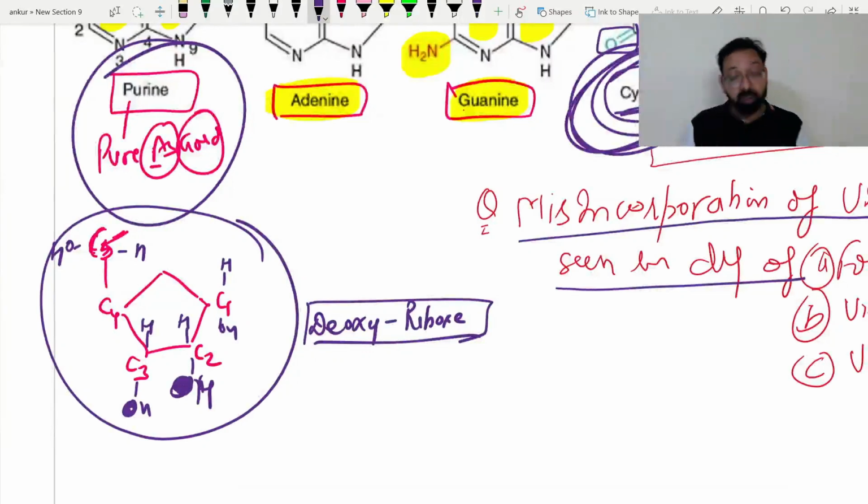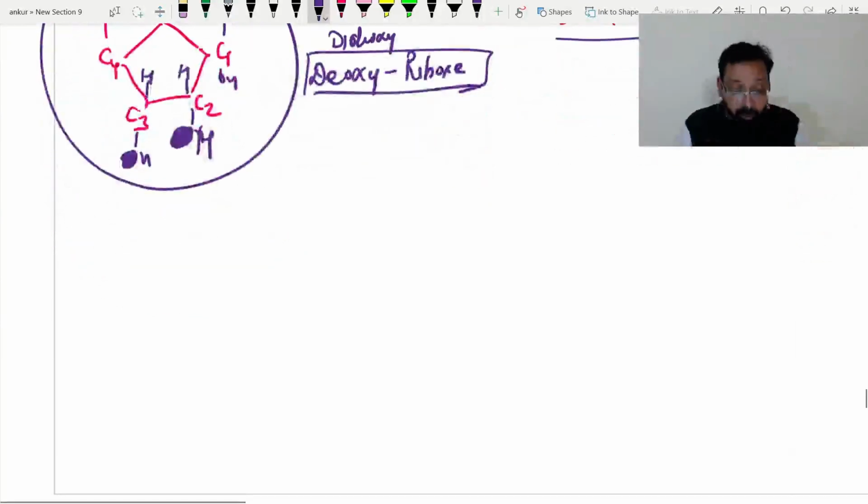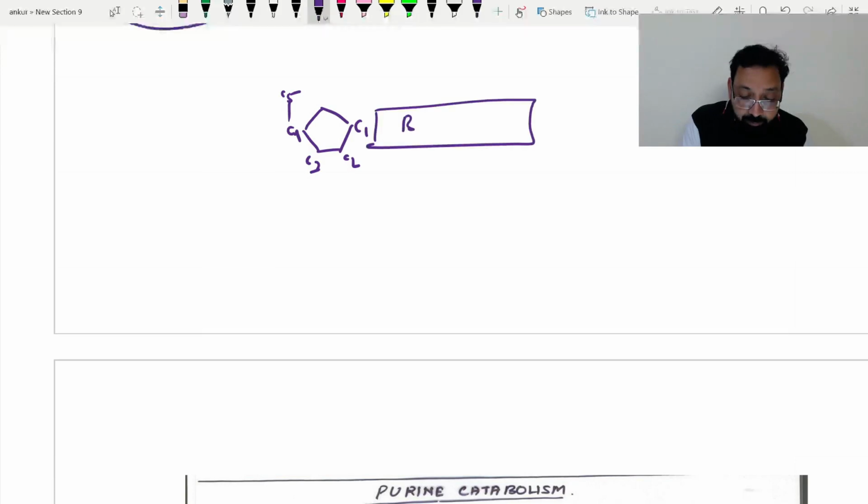So this is deoxyribose: oxygen removed from C2. If I remove oxygen from C2 and C3 both, then it becomes dideoxyribose. So if I draw like this, this is C1, C2, C3, C4, C5 ribose sugar. Sugar binds with base, base plus sugar, nucleoside.